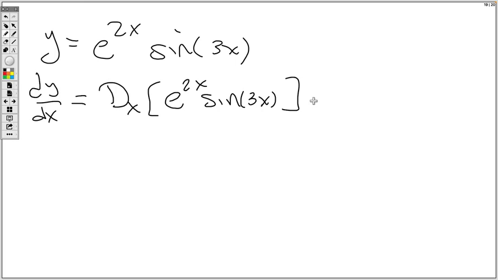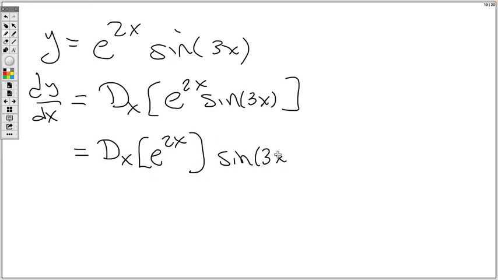You've got e to the 2x sine of 3x. How are the e to the 2x and sine 3x connected? They are multiplied, so therefore we have to use the product rule. Derivative of the first factor times the second plus the first factor times the derivative of the second.